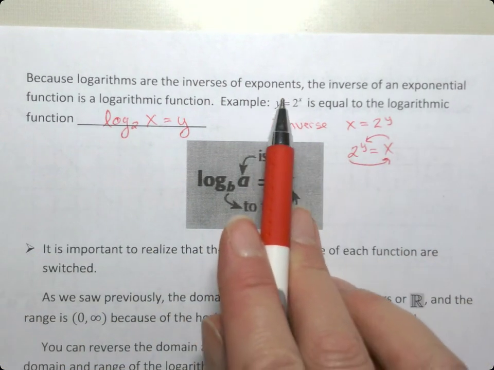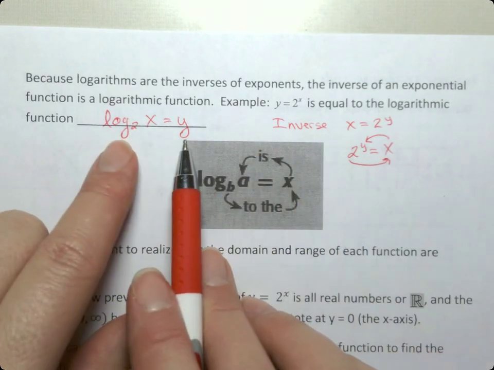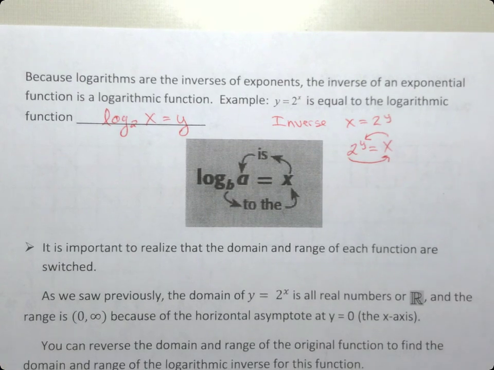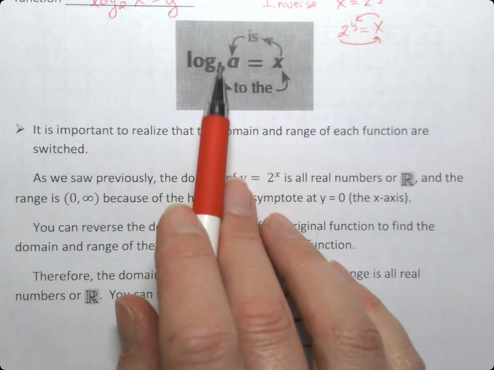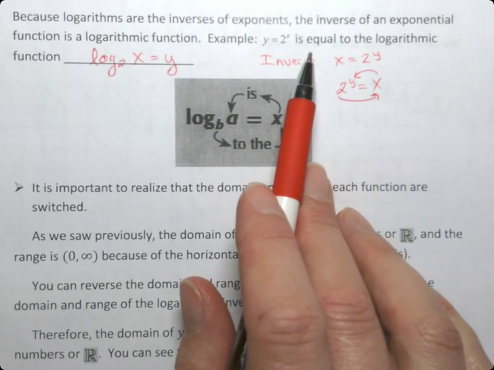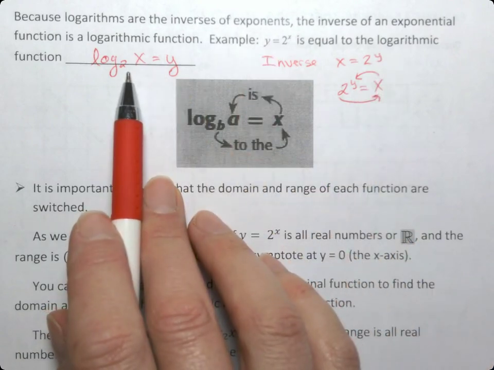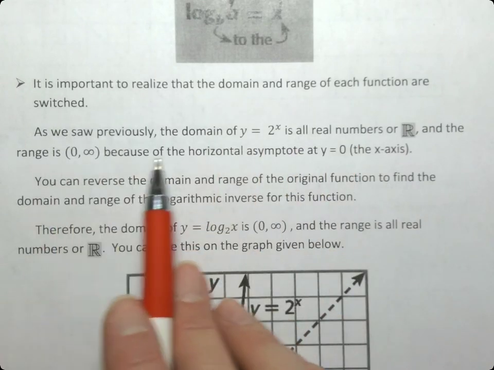So to find the inverse, we flipped x and y, but I'm going to take this and put it in logarithmic form. Just be comfortable changing from exponential form to logarithmic form. If I need the inverse, I've got to flip x and y, and then I'm using logarithms to solve for it. All right, so realize the domain and range are going to be switched just like before.